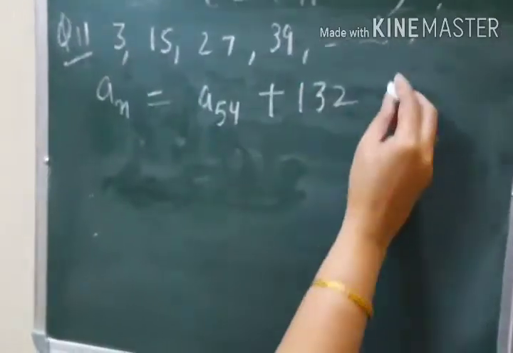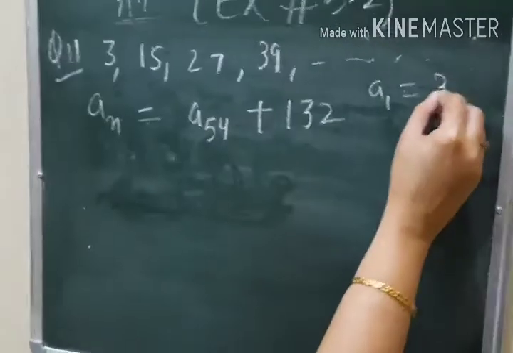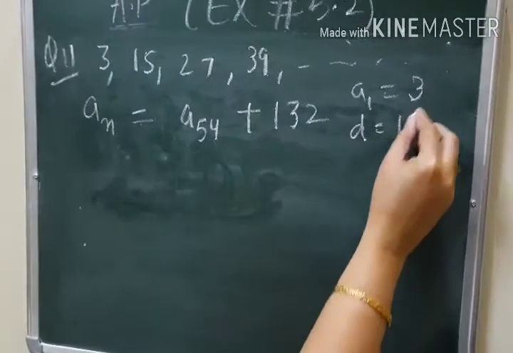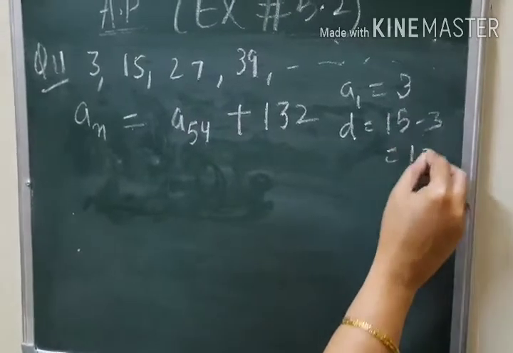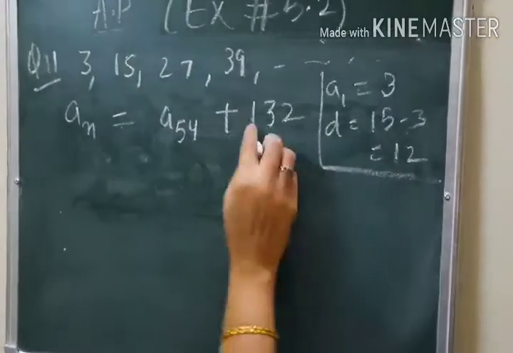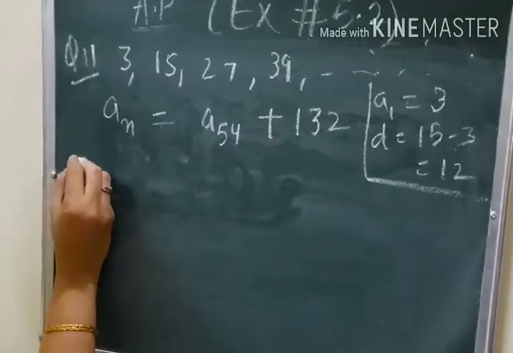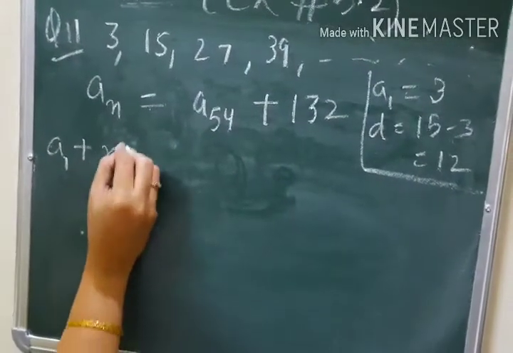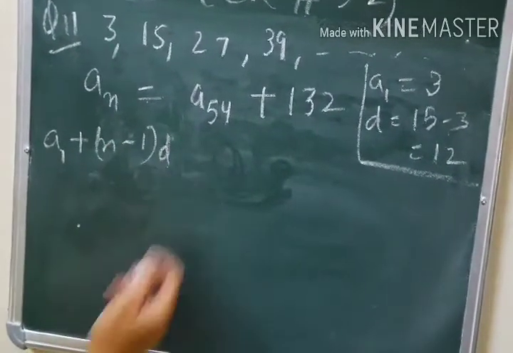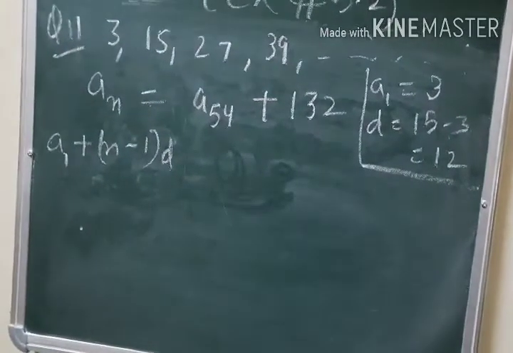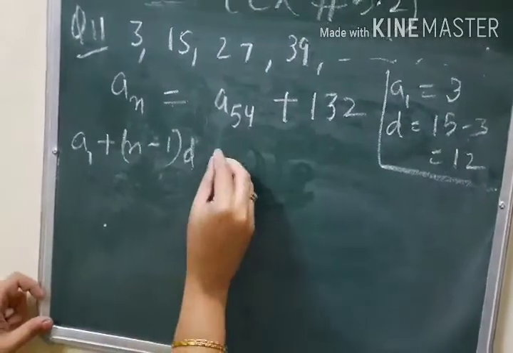Now from this data you can see that our A1 is 3 and our D is 15 minus 3, 12. So we'll put these values in the formula. Now AN is A plus N minus 1 into D. And A54, how do you write A54? What's the formula for A54?